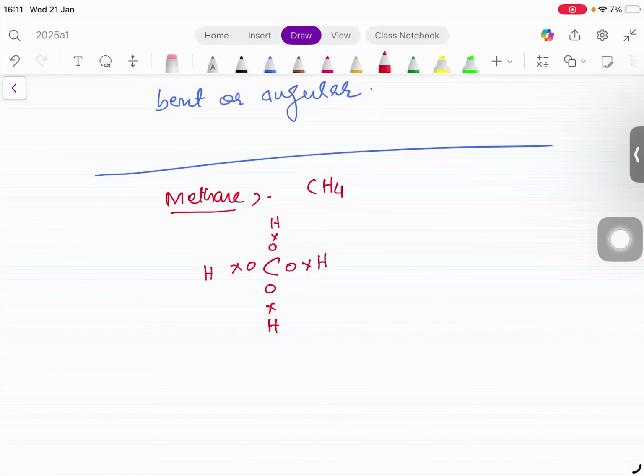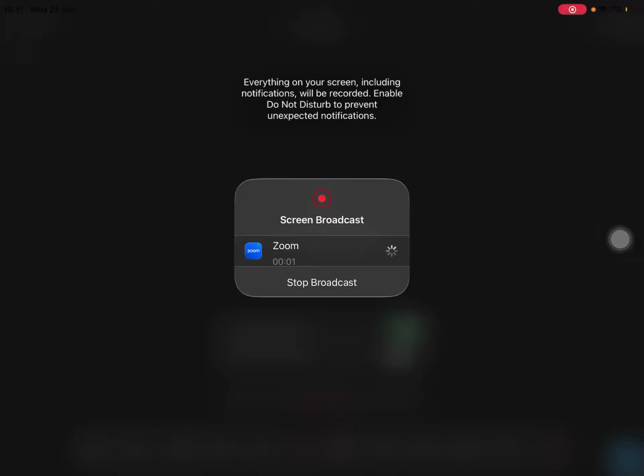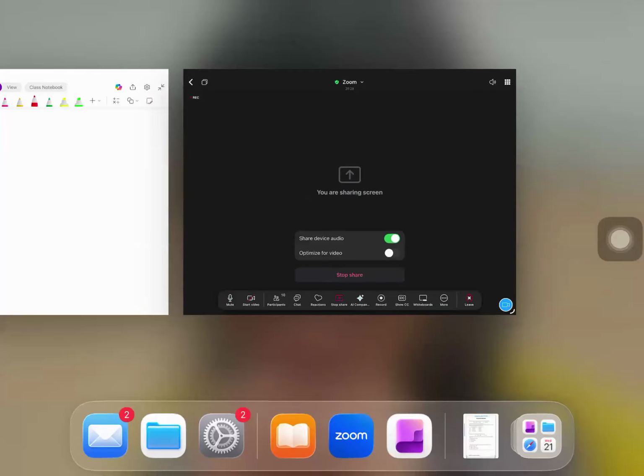So the bond angle, Minahil, I need your undivided attention, please. If you look at this, the bond angle should be 90, but actually this is not the case. Because we talked about this the other day, the steric hindrance thing.